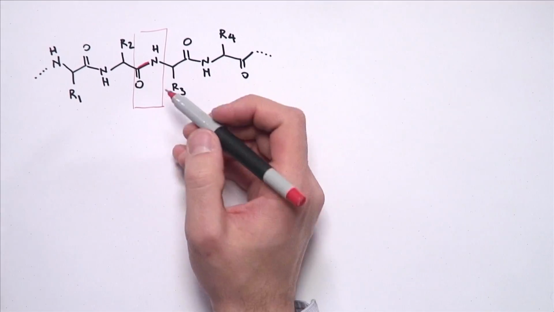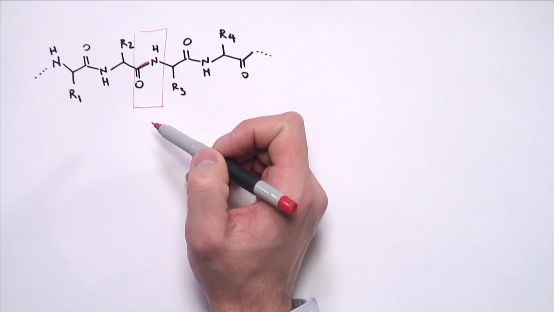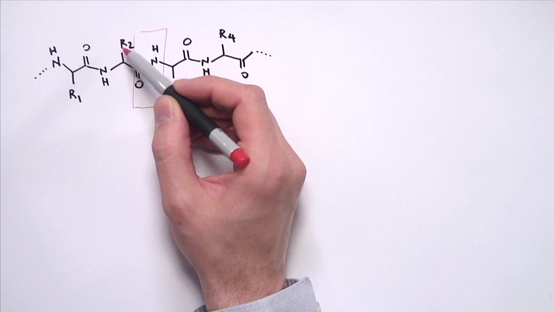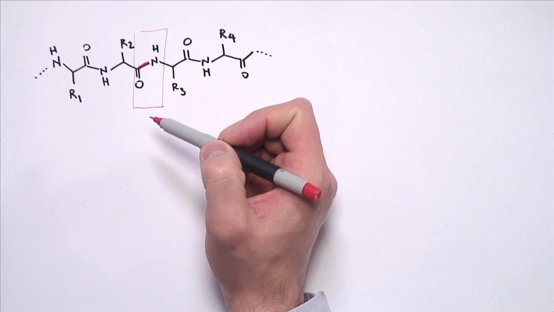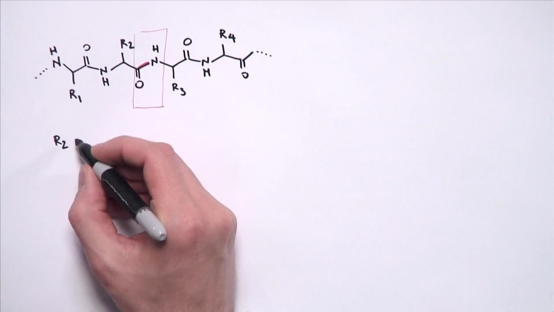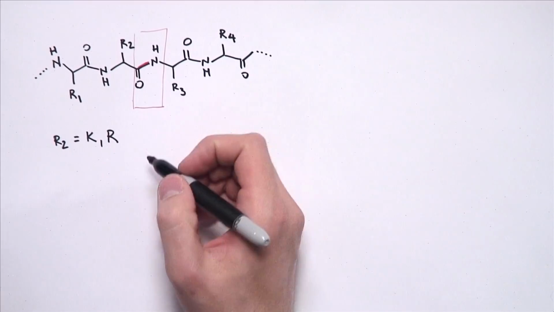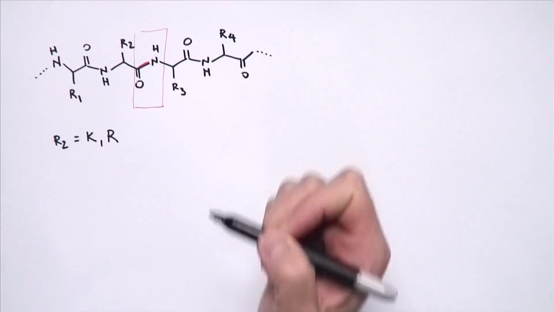In order for trypsin to hydrolyze this peptide bond, R2, the amino acid residue adjacent to it, should be a positively charged one. So if R2 is lysine or arginine, then this bond here becomes a good substrate for trypsin.